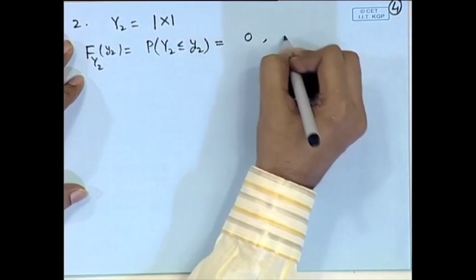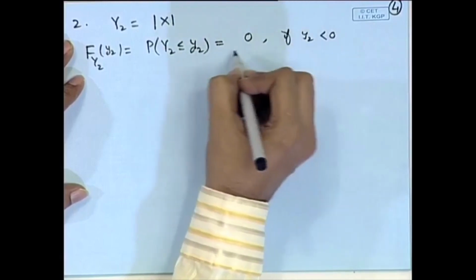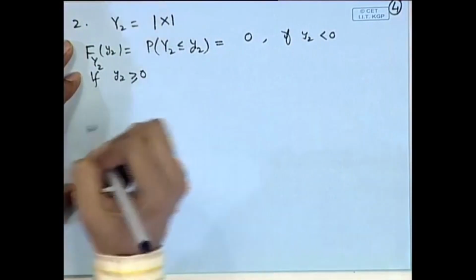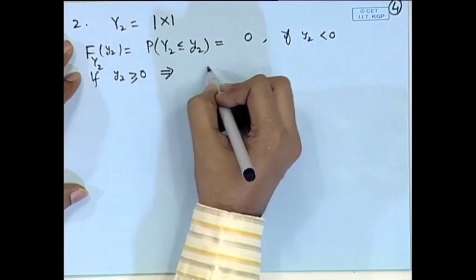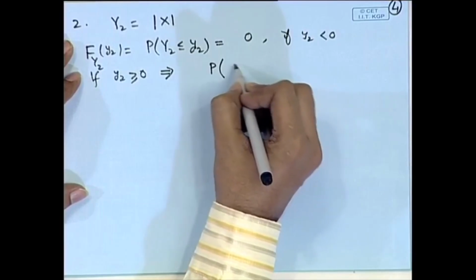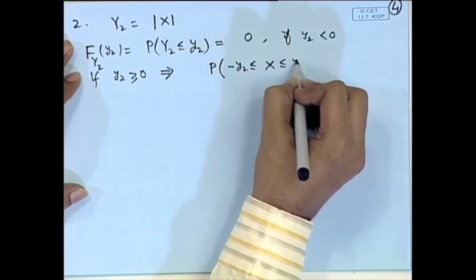So, this is 0 if y2 is less than 0. Now, if y2 is greater than or equal to 0, then we can express this as probability of minus y2 less than or equal to x less than or equal to y2.